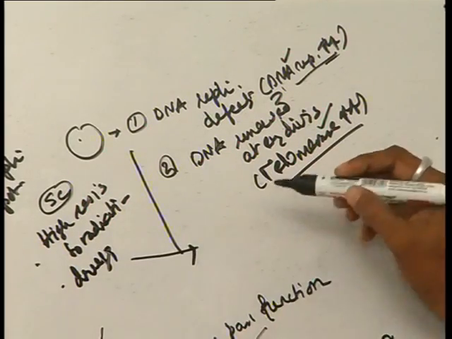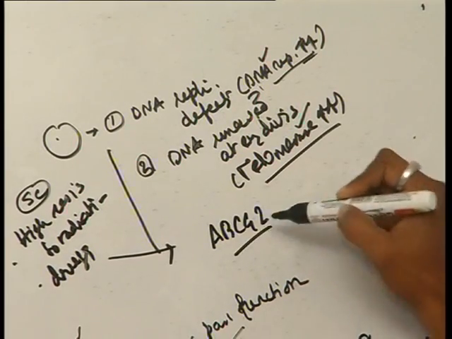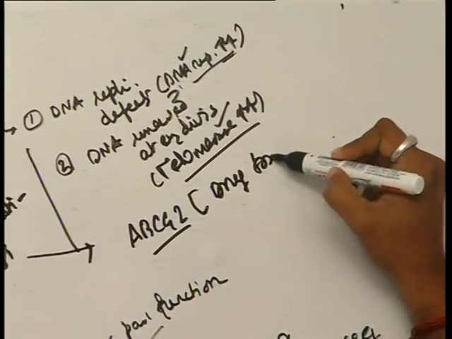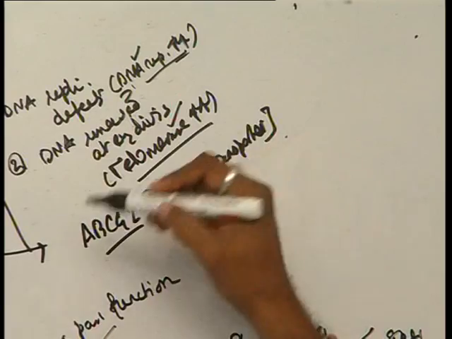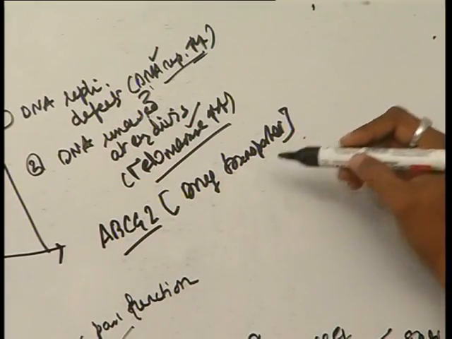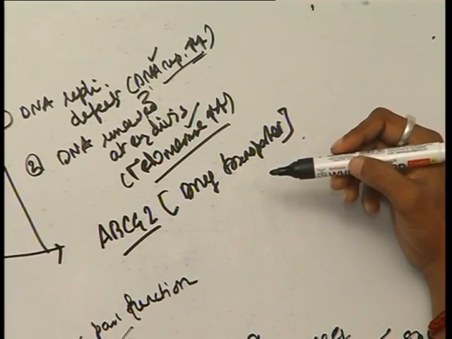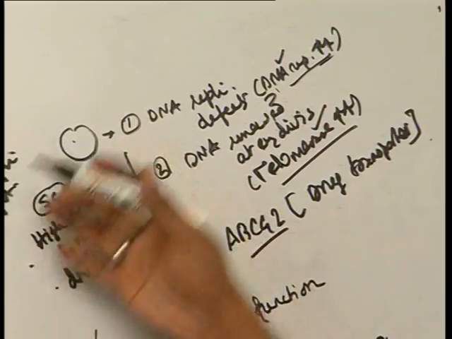For example, there is one called ABCG2. ABCG2 is a drug transporter which is expressed at a very high level in stem cells, because it doesn't want to get itself damaged even by drugs or any exogenous materials, because when a stem cell is affected, the whole thing gets affected.